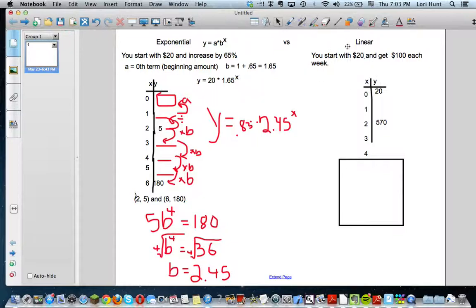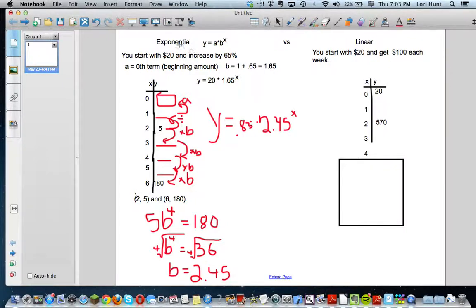Now, that versus linear. For linear, in a story problem, instead of a percent increase, you increase by the same amount every period. So in this case, you start with $20 again, still starting with $20. You're still increasing, but this time you get $100 each week. Anytime you see something that you're increasing by the same amount over the same amount of time, that is linear.